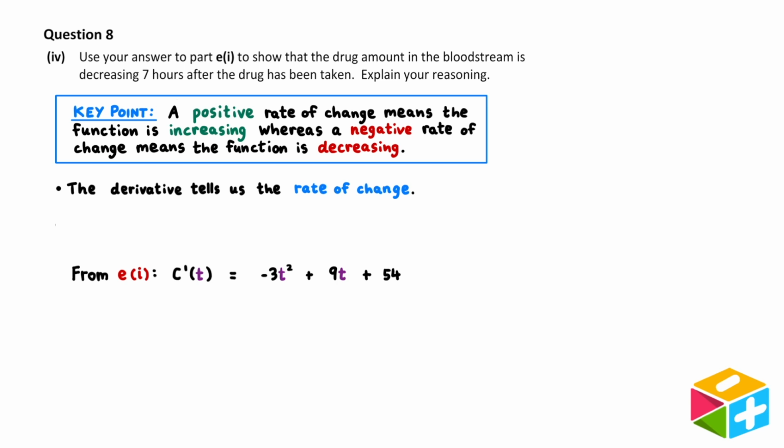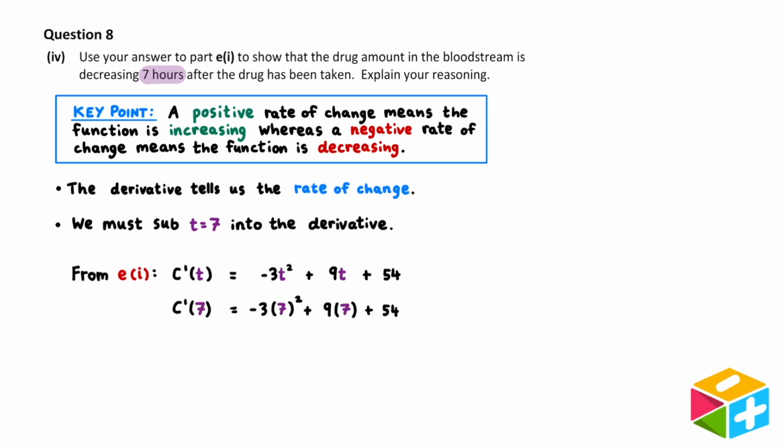C dash of t is equal to minus 3t squared plus 9t plus 54. We are asked to consider a timing of 7 hours after the drug is taken. To find the rate of change at this time, all we have to do is sub in t equal to 7 into our derivative.